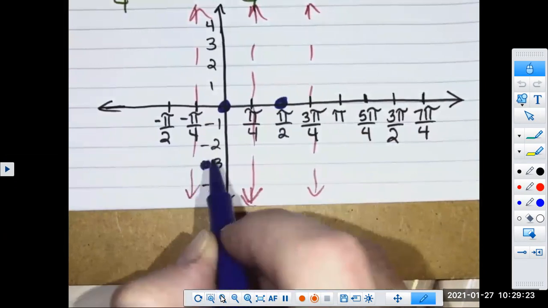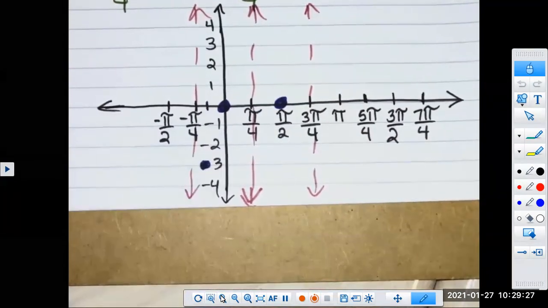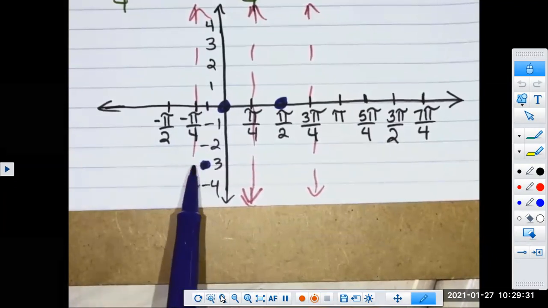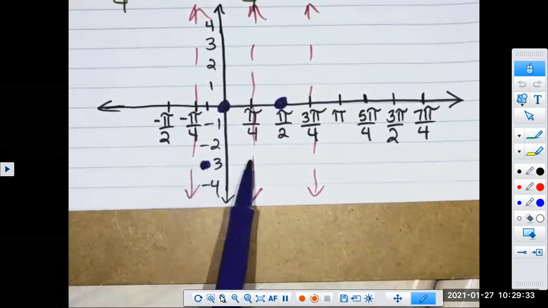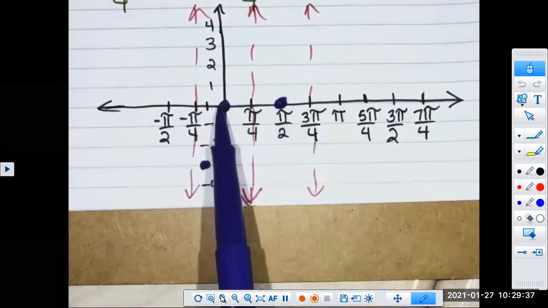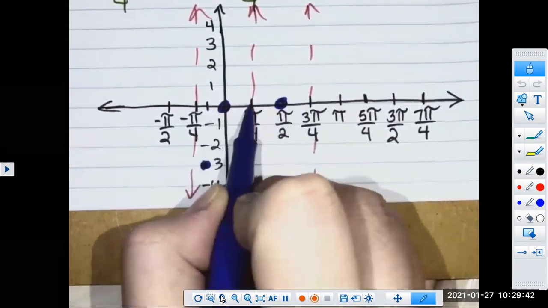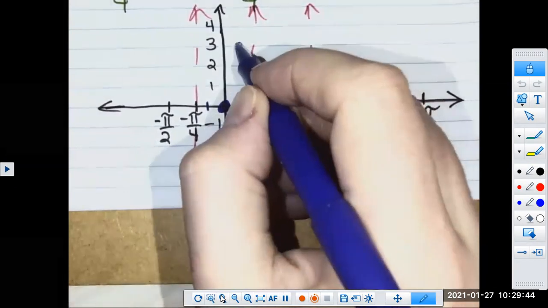So you just kind of estimate halfway would be out here and then go down to your negative amplitude. And that point is your point 1/4 of the way into that period. You've got another point that's 3/4 of the way or halfway between that x-intercept and your second asymptote up at your positive amplitude.